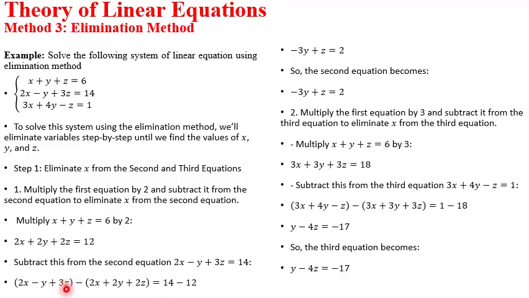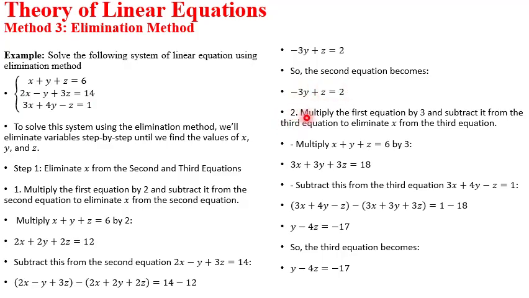So that would be minus 3z, plus 3z minus 2z. That will give us z. That's plus z. So 14 minus 12 will give us 2. So the second equation then becomes minus 3y plus z equals 2. So this is what we've got now.